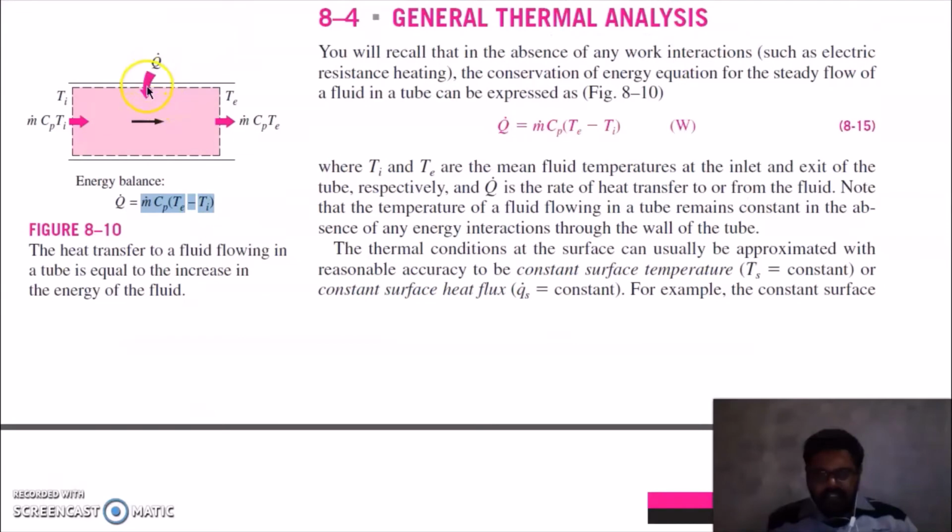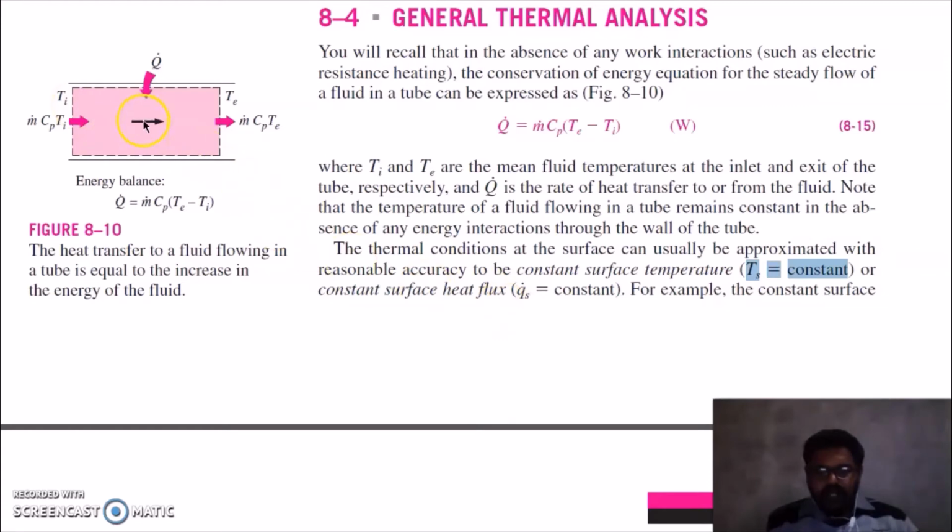Now when heat is supplied to the tube, there are two methods. Either it will be supplied with a constant surface heat flux, meaning heat is added through this tube by supplying constant heat flux, or it is supplied by maintaining the surface temperature, meaning Ts is constant, where Ts is the surface temperature, and when it is more than Ti, it will transfer heat to this internal fluid.